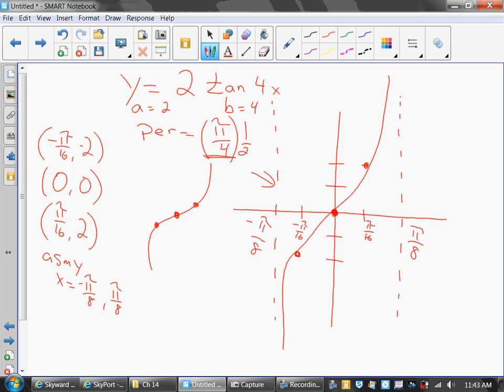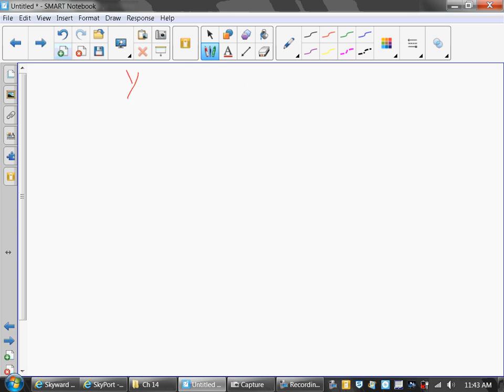Let's try another tangent one then. Again, I don't want to give you anything too bad. All right, let's say it's 3 tangent of 1/4 x. Once again, you identify your A value here.